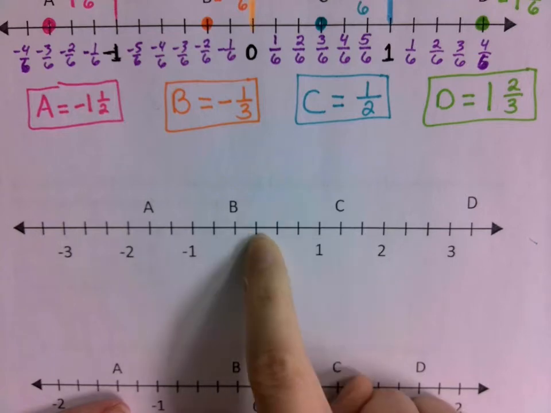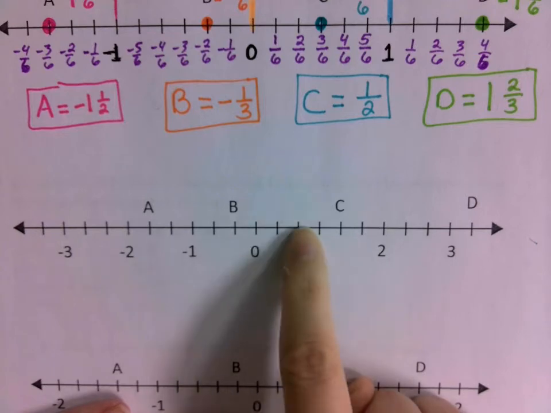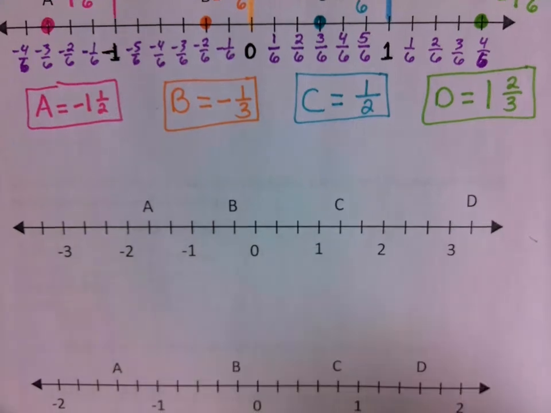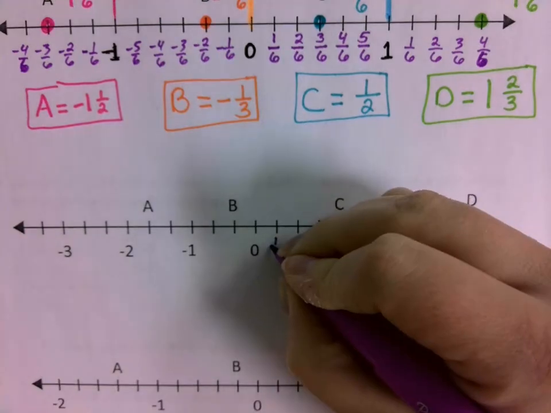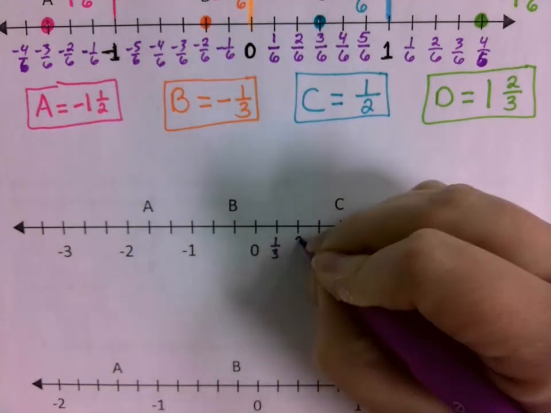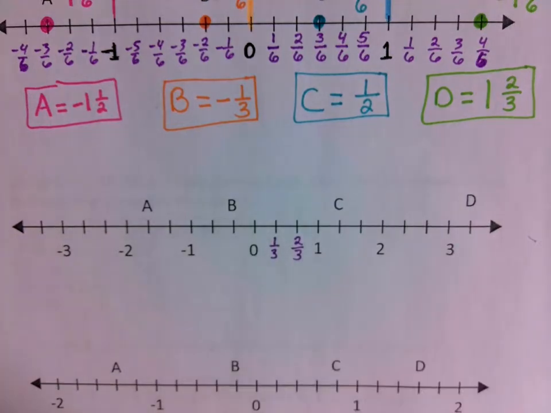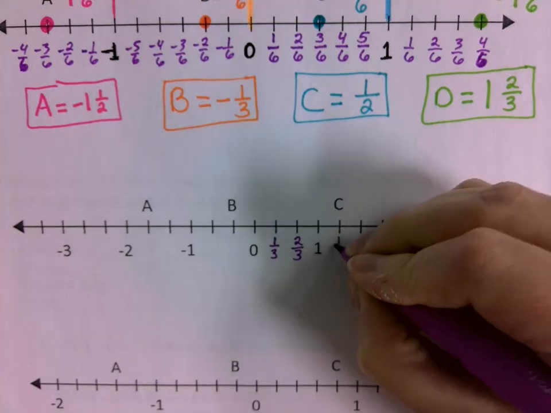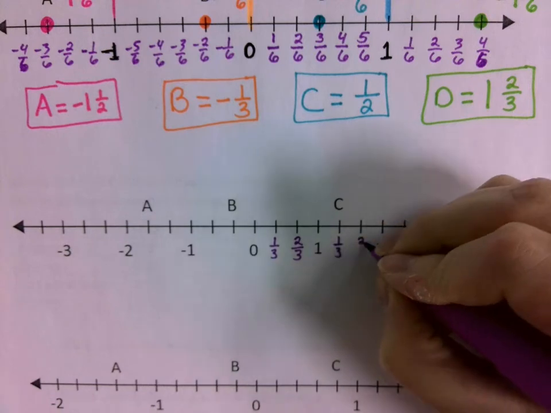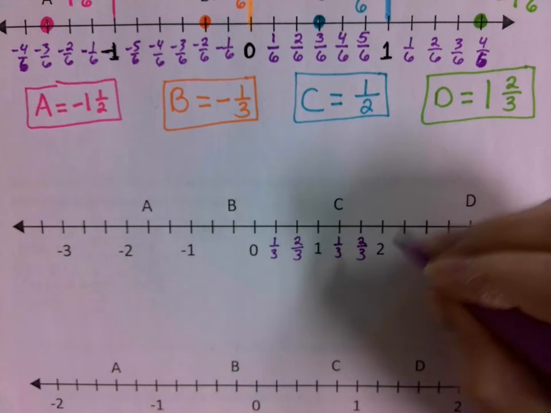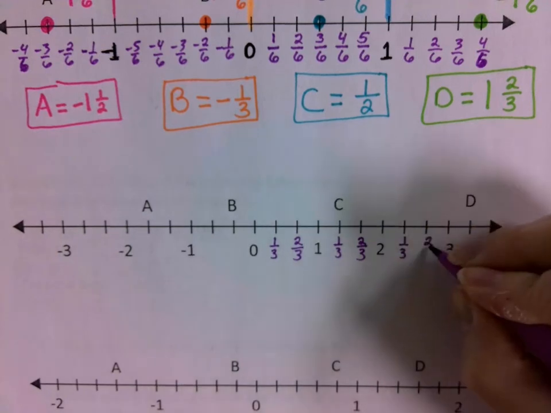So that means each of these is going to have a denominator of 3. So I'm going to have 1/3 and 2/3. 3/3 is just going to be 1 whole. Then I've got 1/3 and 2/3. 3/3 is then going to bring me to the 2 whole. Then 1/3, 2/3, and we keep on filling that in.